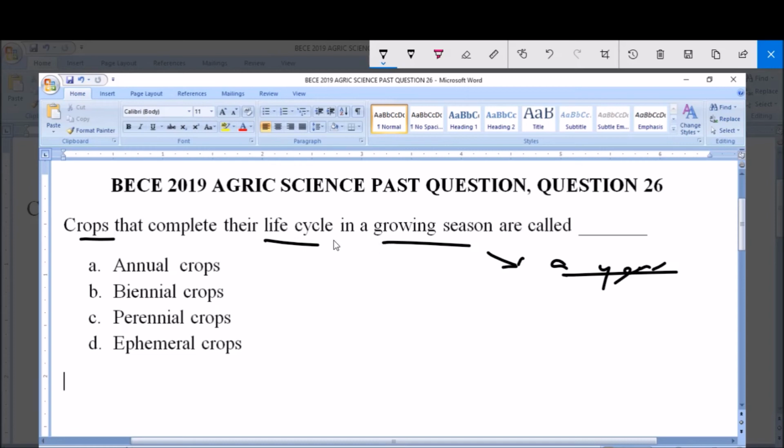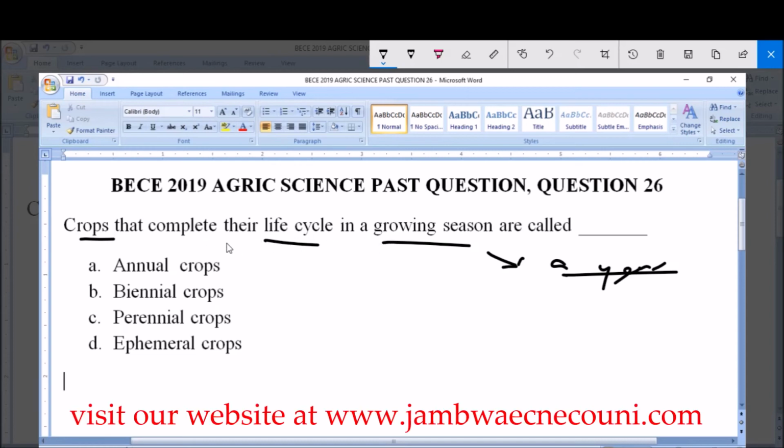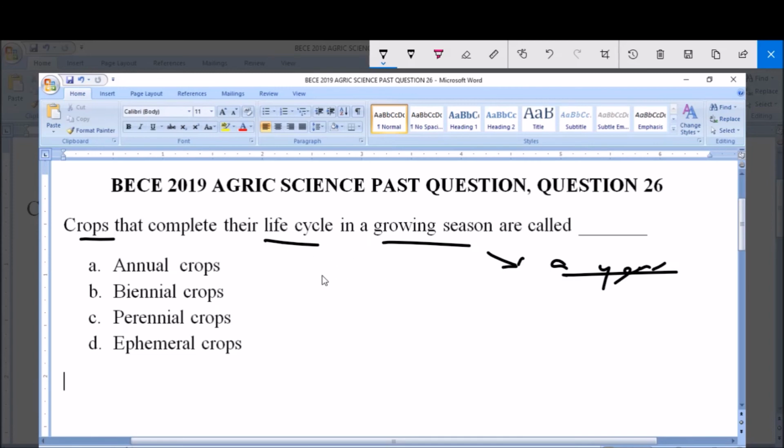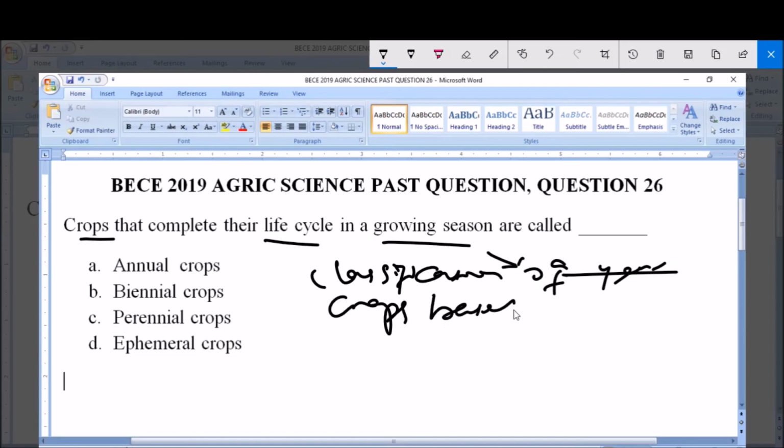Now this actually is just briefly a classification of crops based on their lifespan.